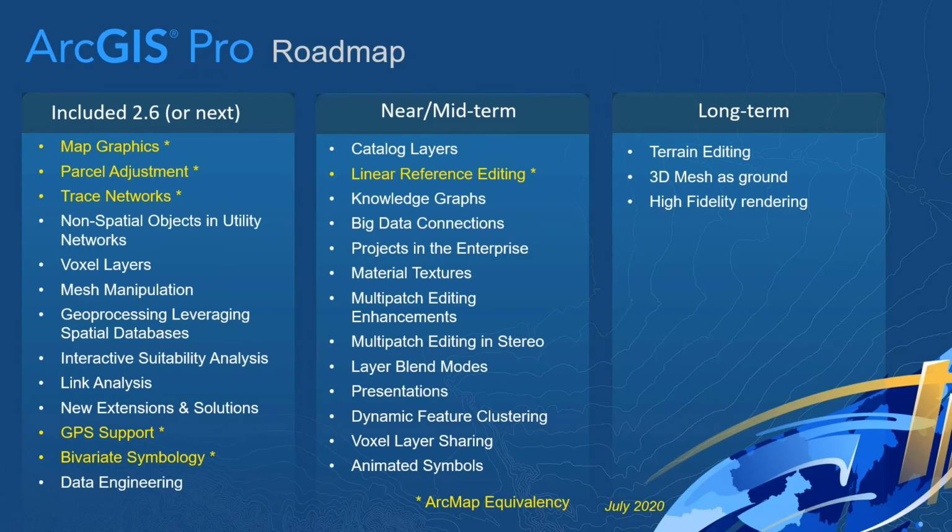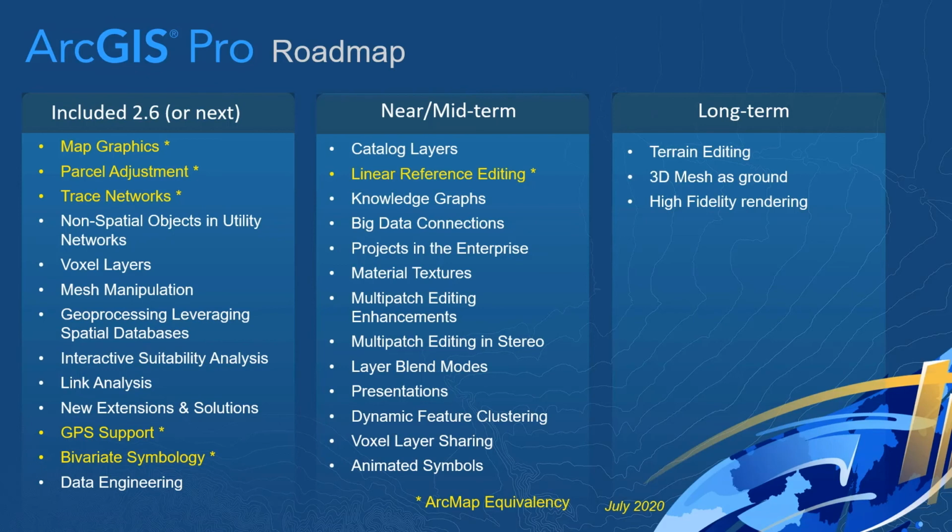This provides a suitability modeling experience to create and evaluate the model interactively by exploring dynamically created intermediate and final outputs. We didn't discuss GPS support, where you can connect, collect data, and update positions directly from GPS devices, or bivariate symbology, where you symbolize and display data relationships from multiple related variables.